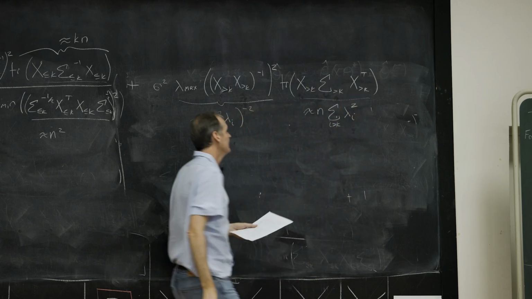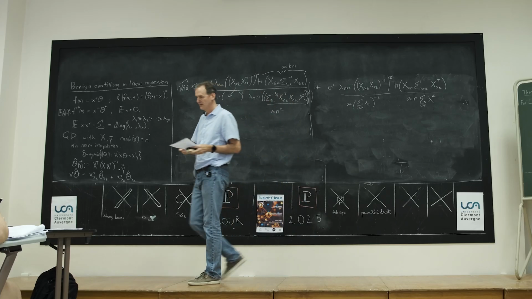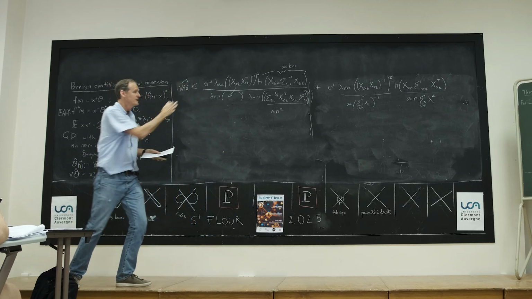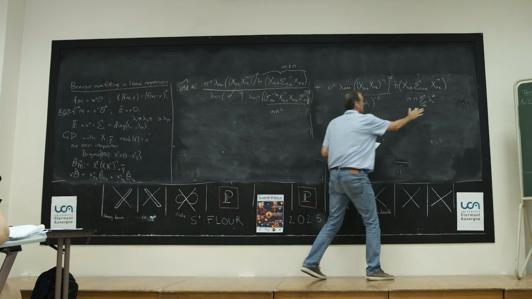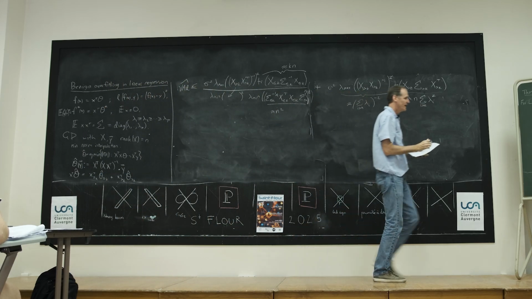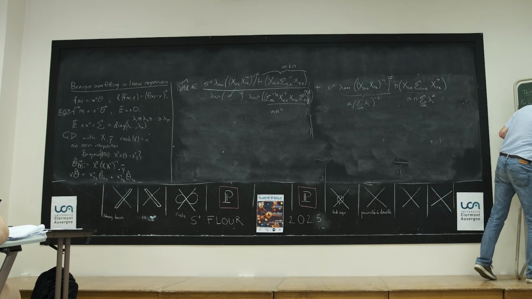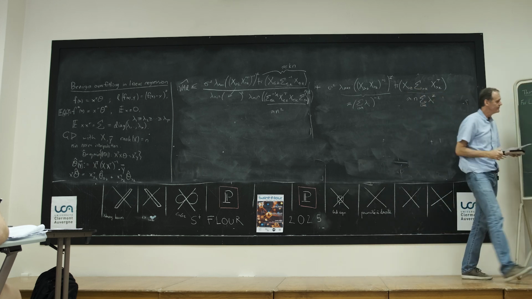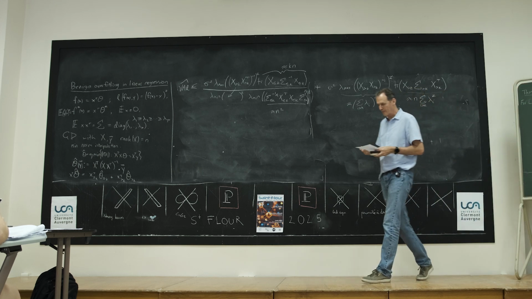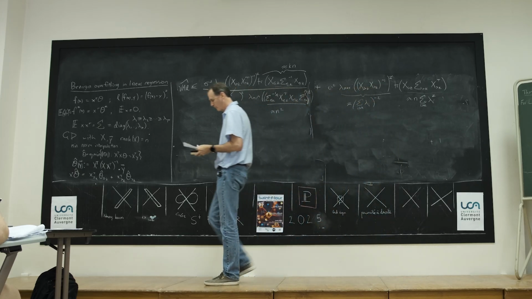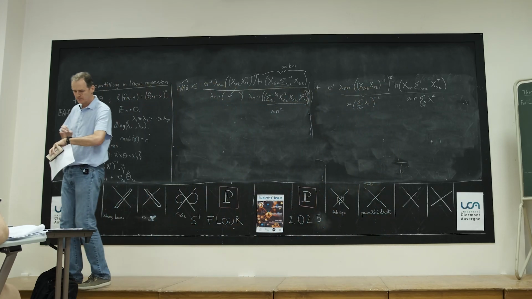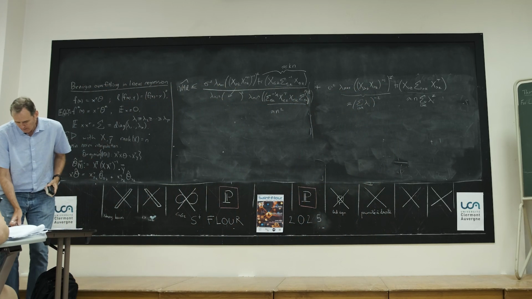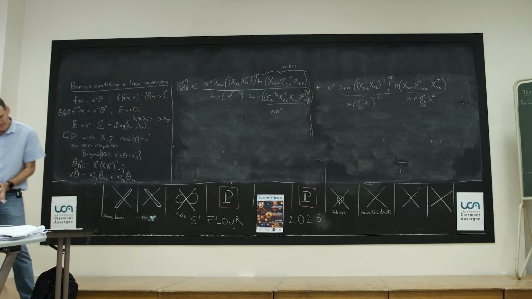So I got the exponent wrong there. So this is where this other term comes from, n times this divided by that. How are we doing? Okay. All right, so that's where at least the variance term comes from.